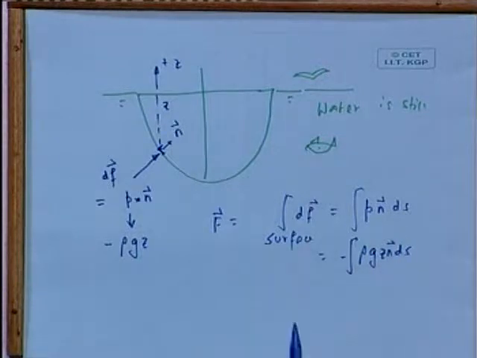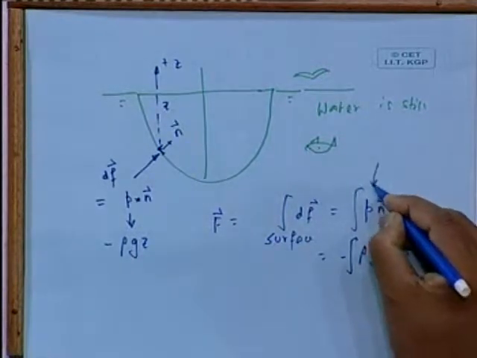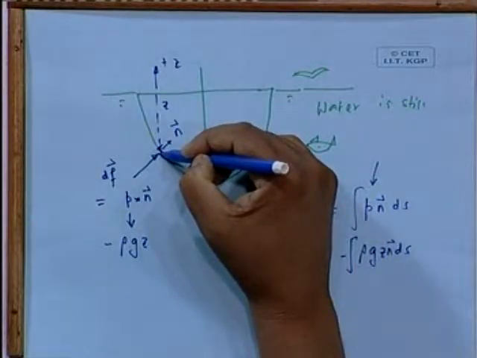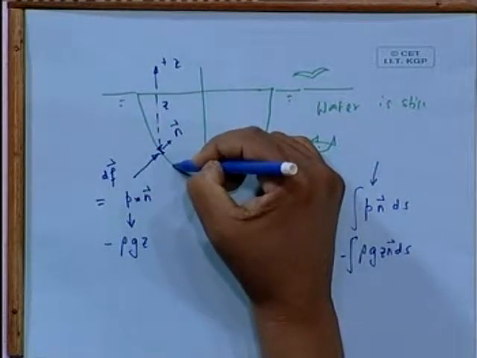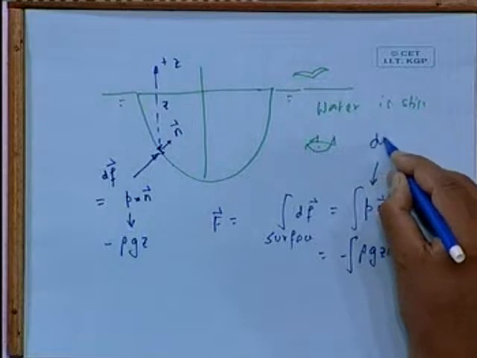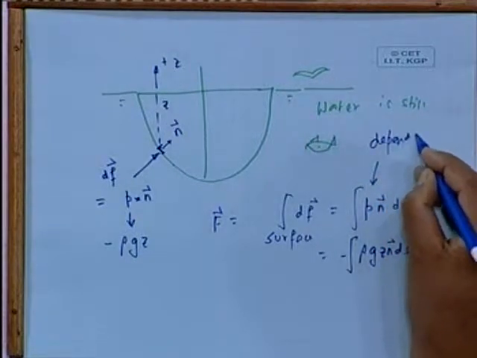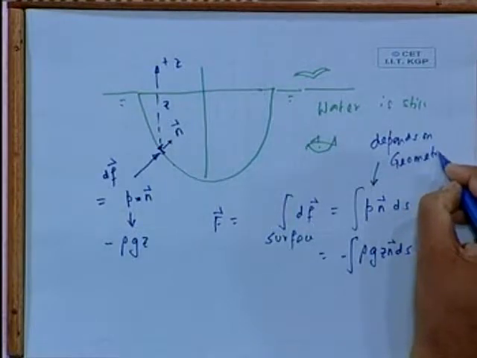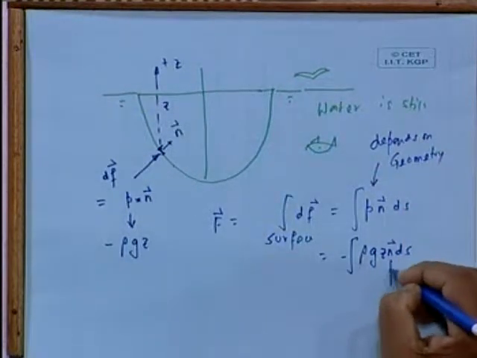Now if you look at this carefully, you will find out that P depends only on the geometry of the hull, because P is connected to how deep the point is. See, the shape is like that, with different z. So P purely depends on geometry. What about n?